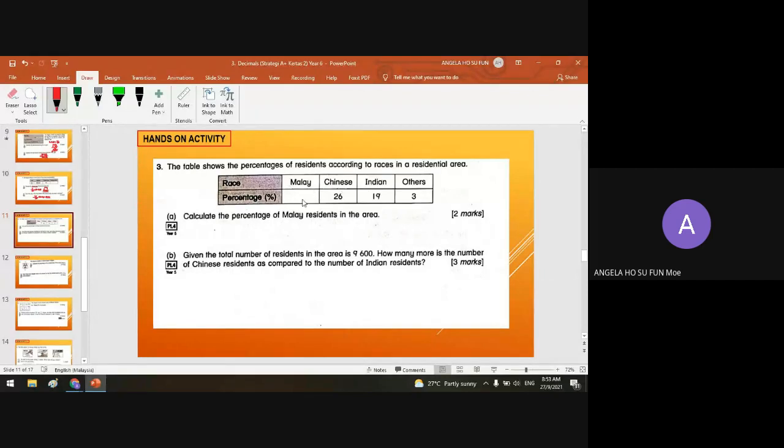I want the Malay residents, how many percent? And B, given the total number of residents in the area, all the people staying here is 9,600. How many more is the number of Chinese residents as compared to the number of Indian residents? Okay, try this one in 1 minute time.